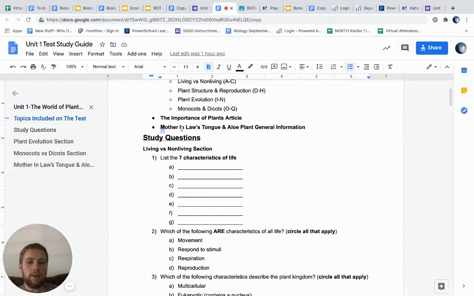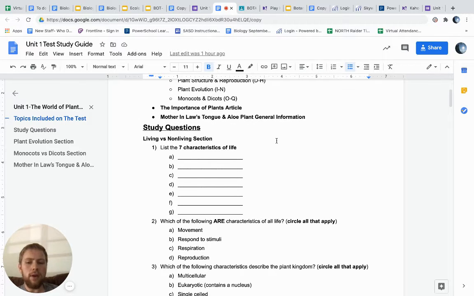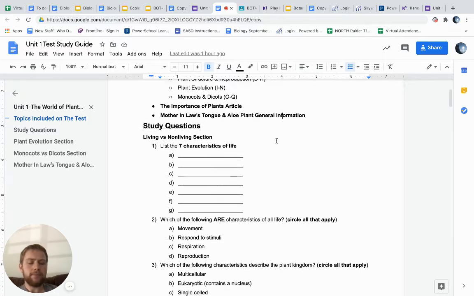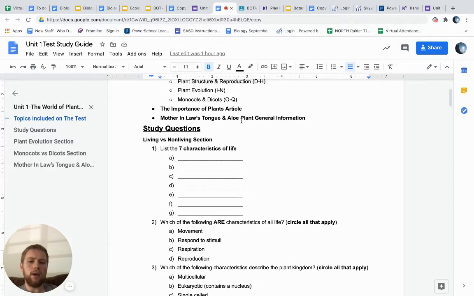And then there will be a couple of questions in general on the mother-in-law's tongue plant as well as aloe vera: some general info, where they're from, and what conditions they like. We've covered those in previous note presentations, so it won't be anything too specific, just some general info about them.